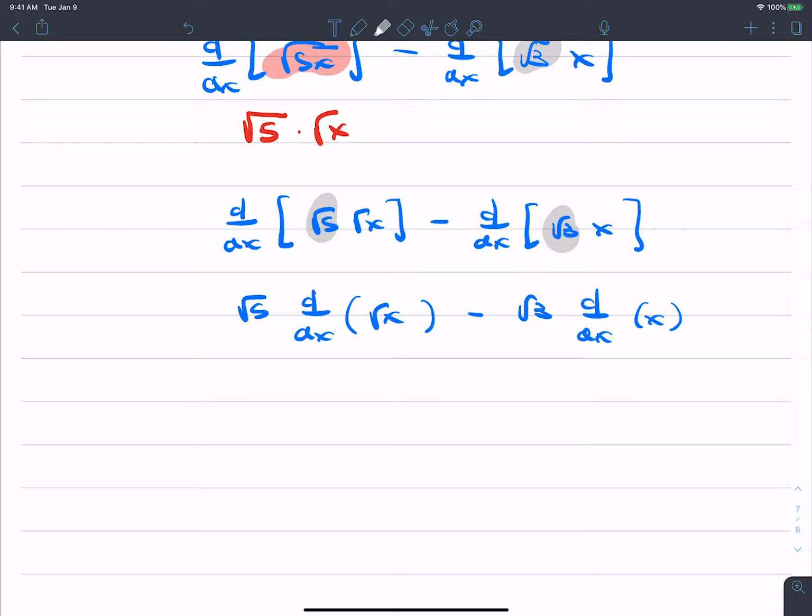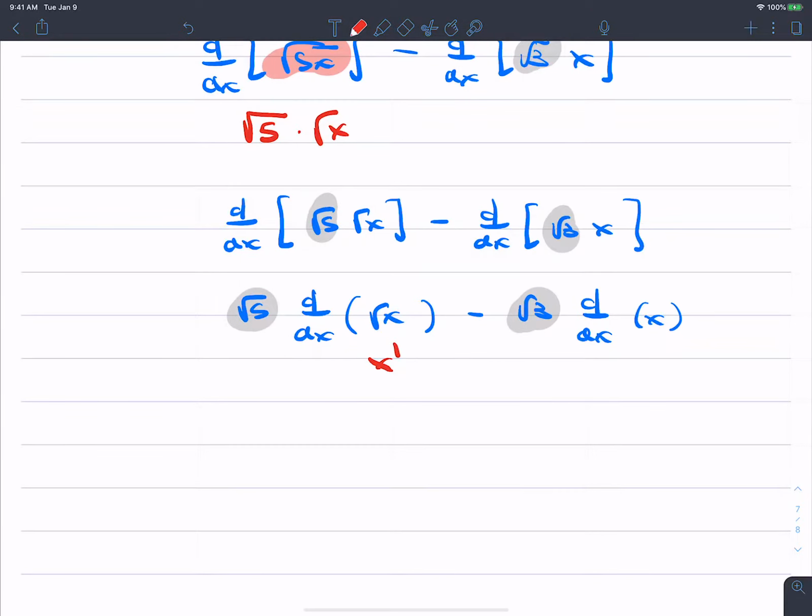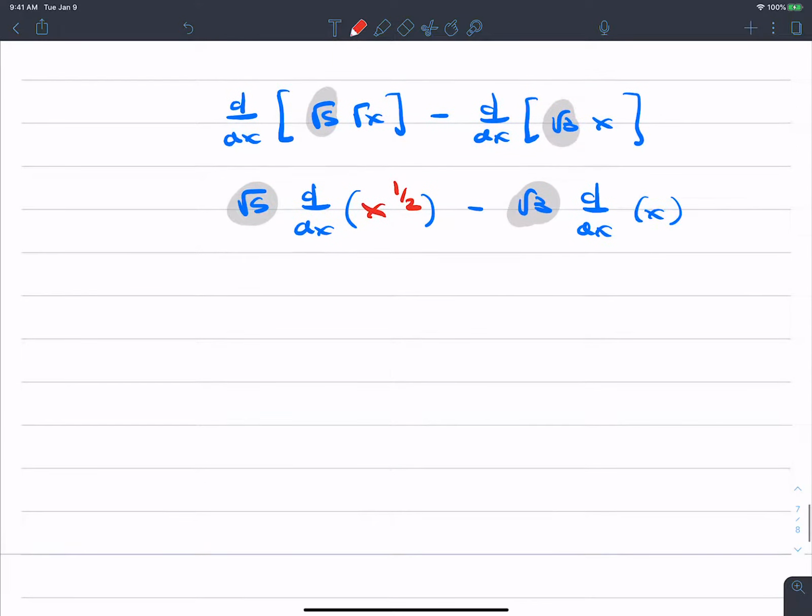So you're pulling out all the constants, ladies and gentlemen. Now, you also have to remember algebraically that this is x to the 1/2. That's square root of x. So we can go inside here and say x to the 1/2, ladies and gentlemen.